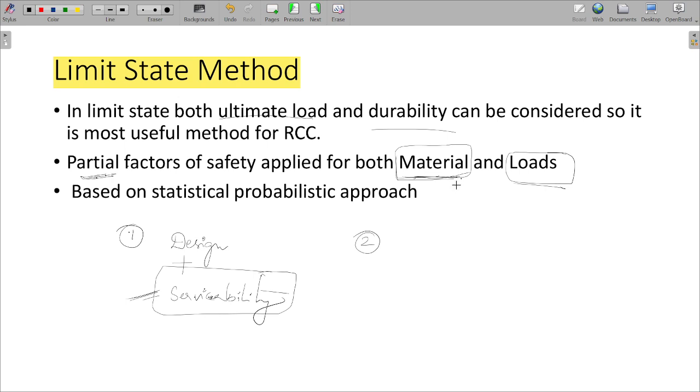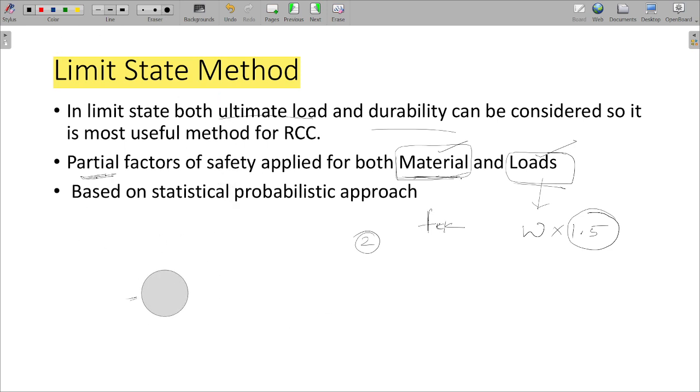So in the limit state method we apply partial factors of safety to both material and loads. If W is the load, we multiply it with some partial factor of safety, and for design strengths also, with gamma, fck is the design strength. What things we consider, we will see later in the next classes.